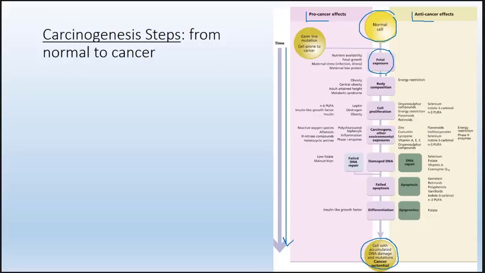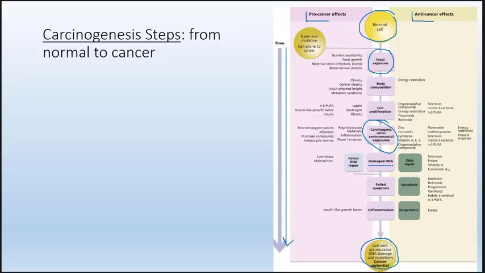Maybe the mother was exposed to something that she didn't realize at the time, but in any event, it can contribute to changes in that child's genetics. Body composition, such as obesity, also contributes. Cell proliferation, things that we're exposed to in our environment and non-environmental.